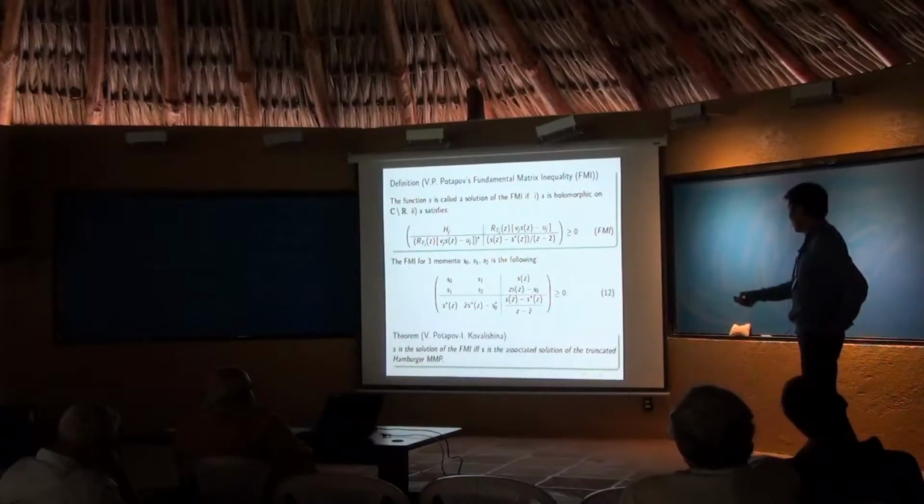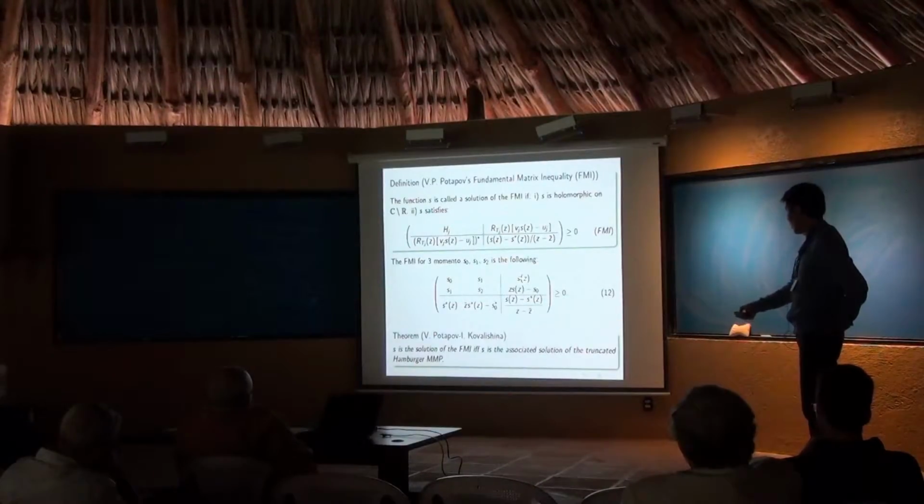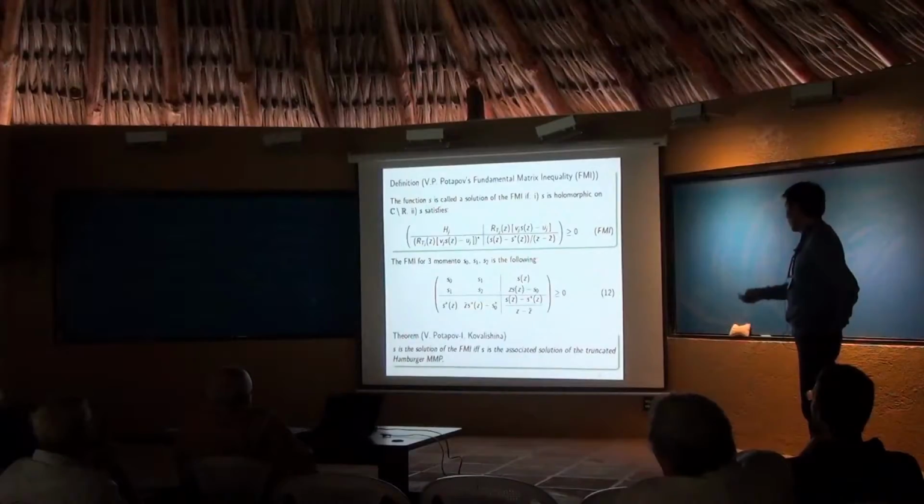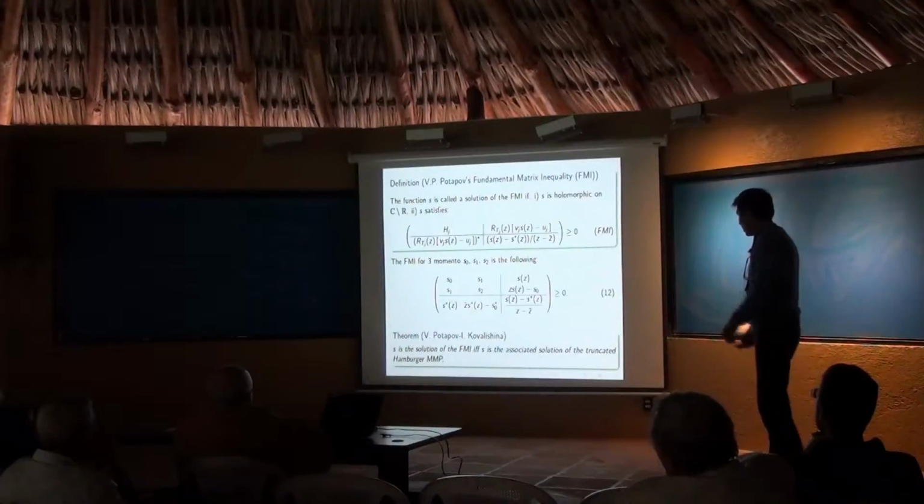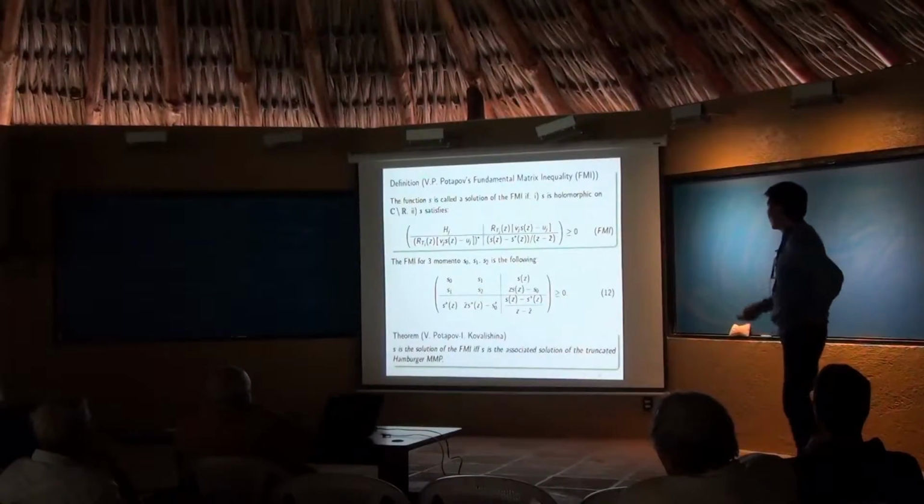One example of this inequality, for three moments, is this. Given these three moments, the problem here can be to find this function S of Z. So this is, very briefly speaking, how the method works.